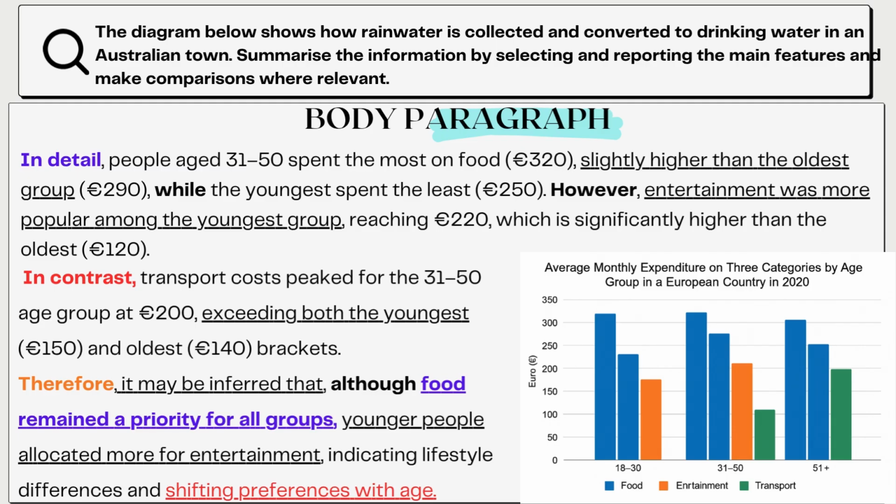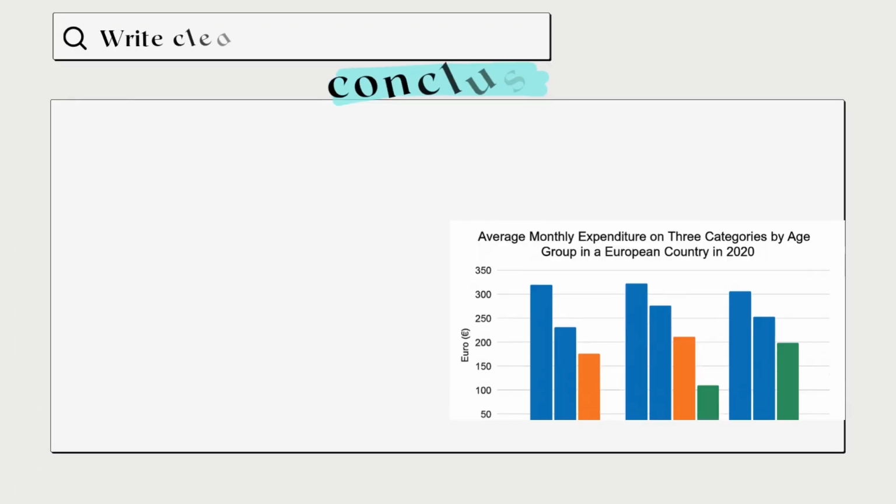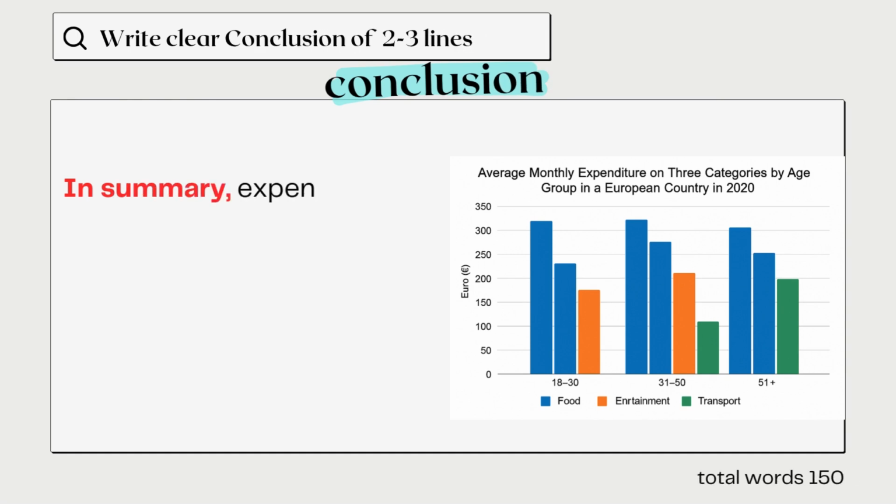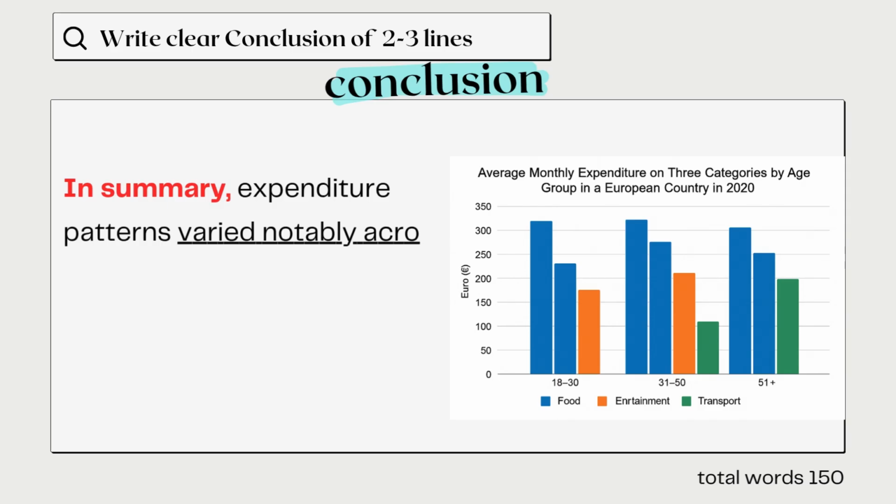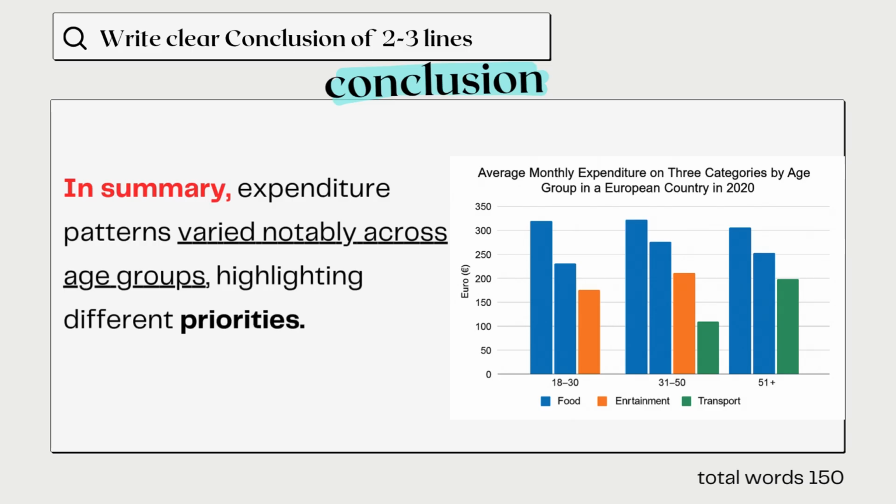Let's move towards the conclusion part. In the conclusion, we just have to write the summary. So in summary, expenditure patterns varied notably across age groups, highlighting different priorities. With each separate group, what people aged 18 to 30 have, what kind of priority do they have? They have only the priority of food and entertainment.